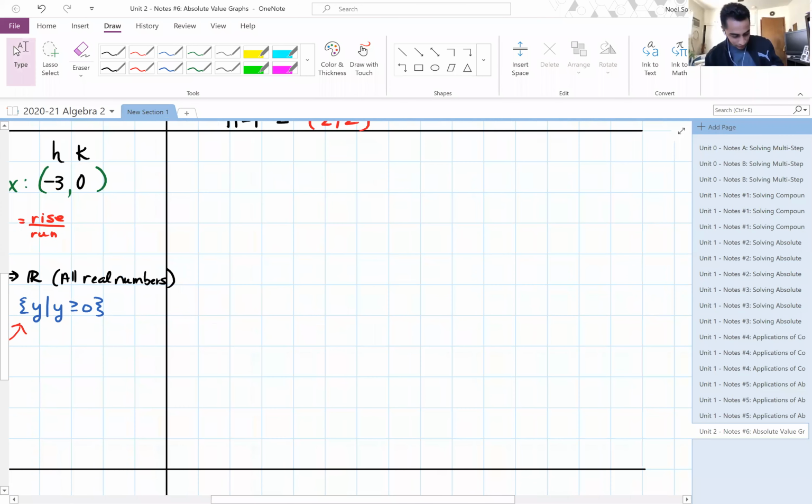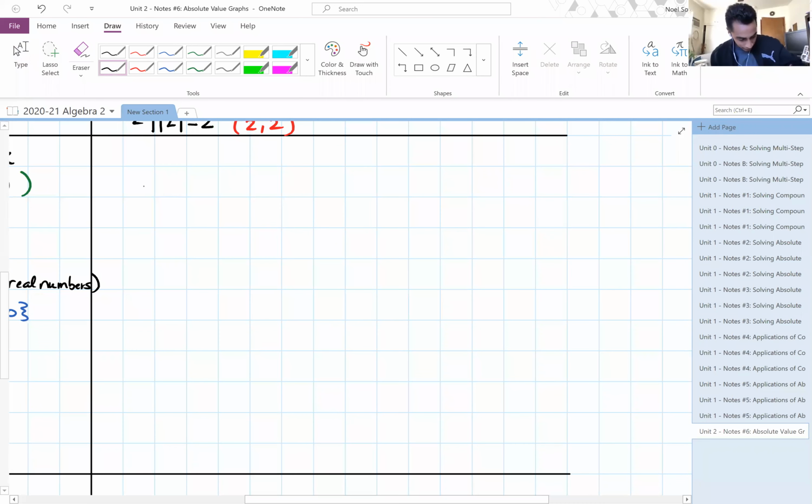All right, let's do another example here. Let's try to see a couple transformations, right? How can the vertex change? So we have f of x is equal to negative absolute value of x plus 3, and then plus 2.